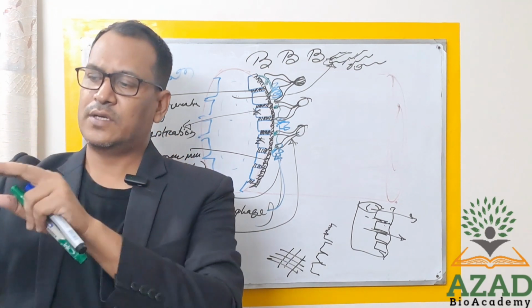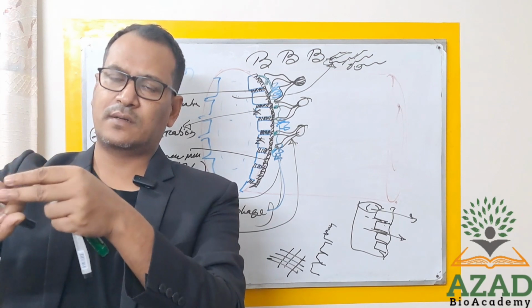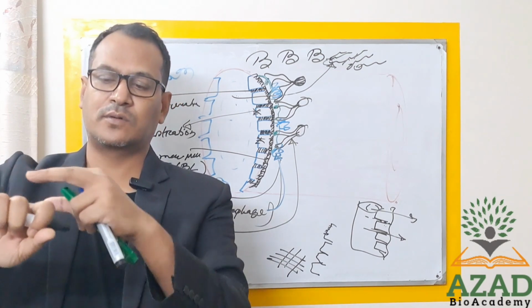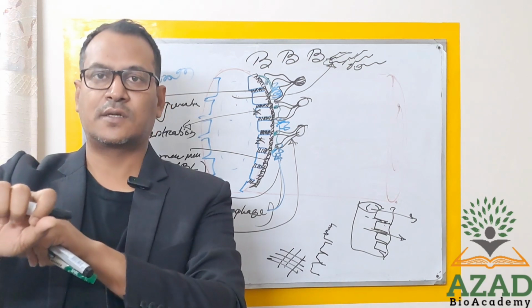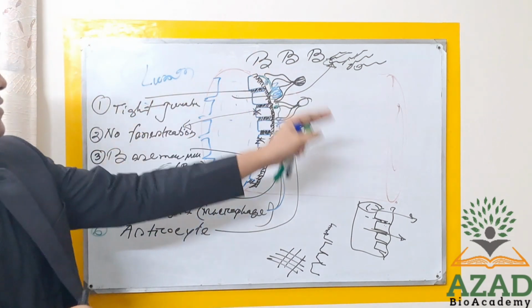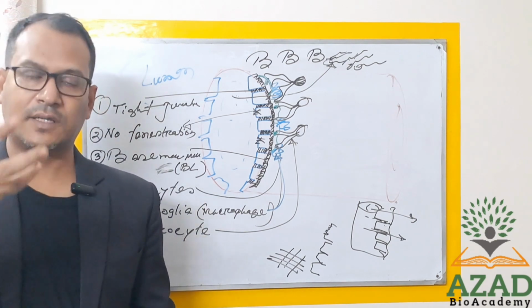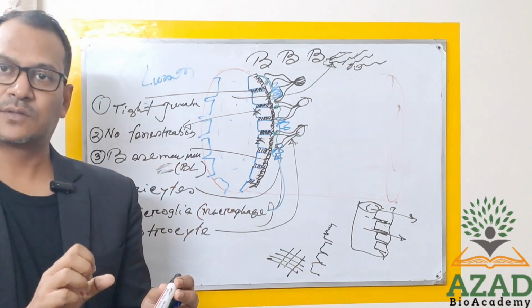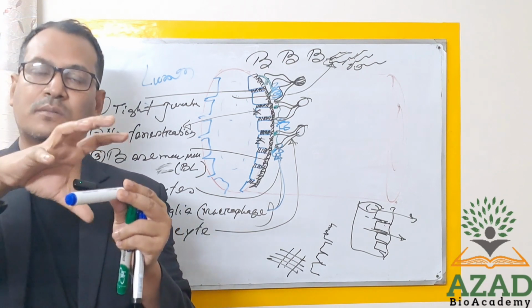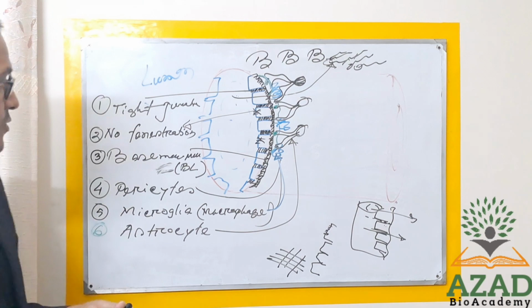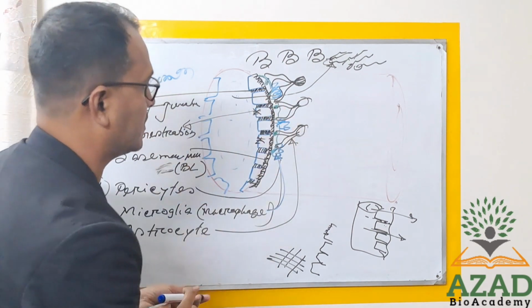So it will act like a physical barrier, but the whole capillary cannot be wrapped by the astrocyte. Almost 80% of the blood capillaries can be wrapped up by the astrocyte. So it's another major component of the blood-brain barrier.